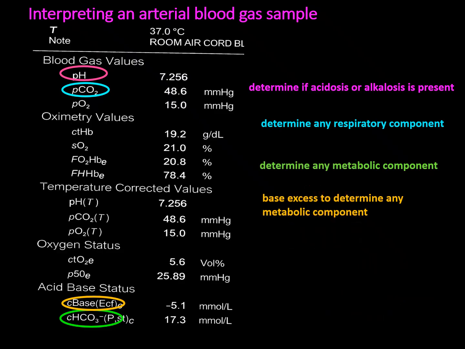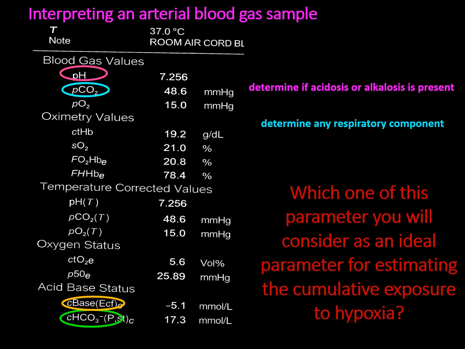The pH is going to determine the acidosis or alkalosis, whereas the PCO2 determines any respiratory component, the bicarbonate determines any metabolic component, and the base excess determines any metabolic component. So by looking at this, you can say that if the pH is less than 7.2, this means there is acidosis.